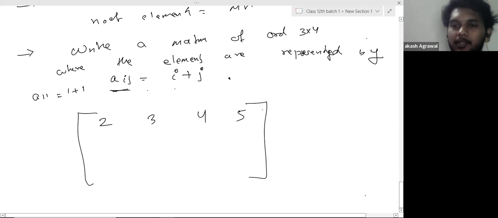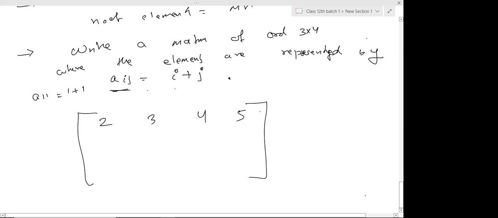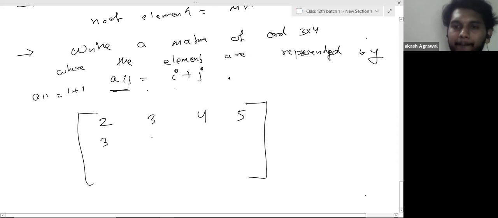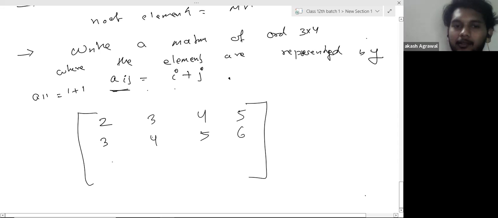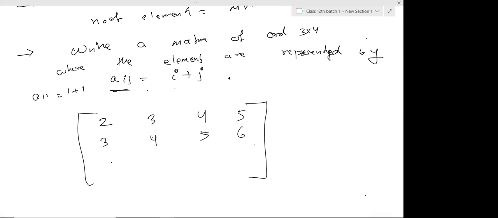Should I go further? No, sir. And here, the element 3, 3, is 4, 5, 6. So we can check the pattern. This will be 4, 5, 6, 7, and so on. So very easy.